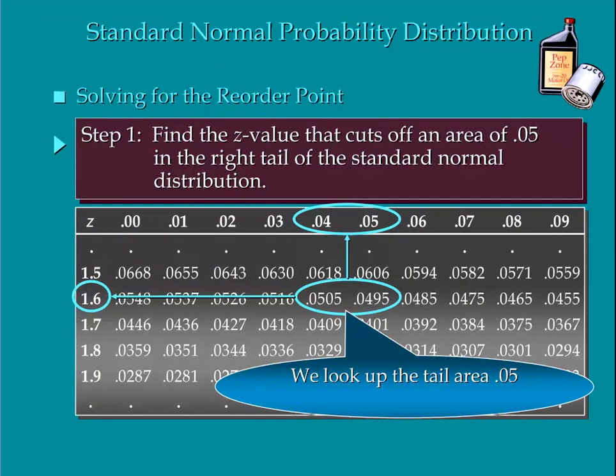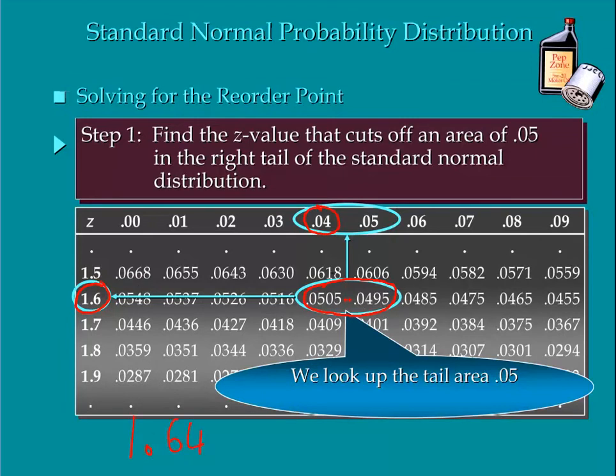If you skim through the tables, you get two values together, 0.0505 and 0.0495. Roughly the average of those two numbers. What values did they correspond to? Well, 1.6 and 0.04, so let's write that down at the bottom, 1.64.